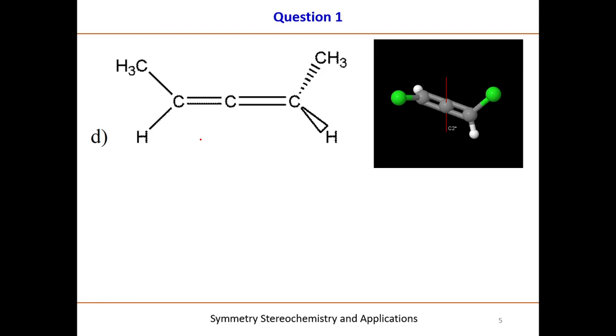So here we will see that this is our molecule. Here you can see the rotation. One C2 can pass over here, as all of you can see. C2 is passing through this angle, and you are getting an indistinguishable image of the original one.